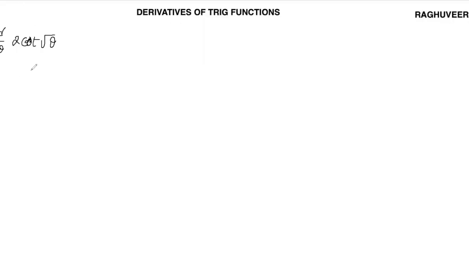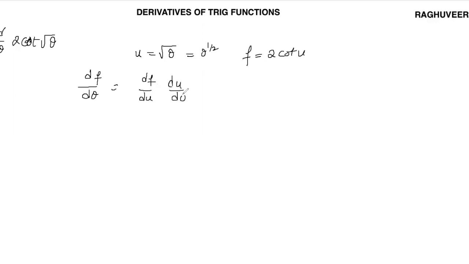Now let us look at another problem. Let us apply chain rule here also. So u is root theta, which is theta to the power of half, and f will be 2 cot u. So let us find df by d theta, which is df by du and du by d theta.